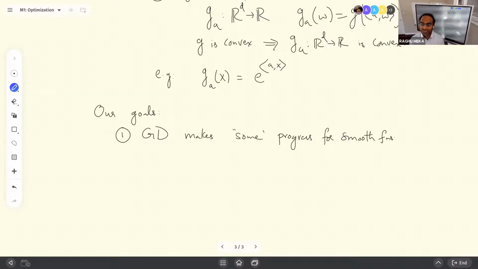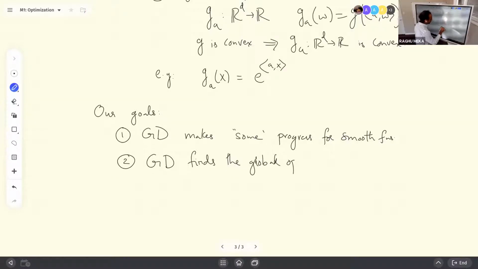You won't have this crazy scenario where it keeps flip-flopping between two values, or keeps increasing the value of the function. It's not going to make negative progress at the very least. So it's some kind of monotonicity that we will show for smooth functions only. And we'll build on that and show our main result, which is that GD finds the global optimum for smooth convex functions.